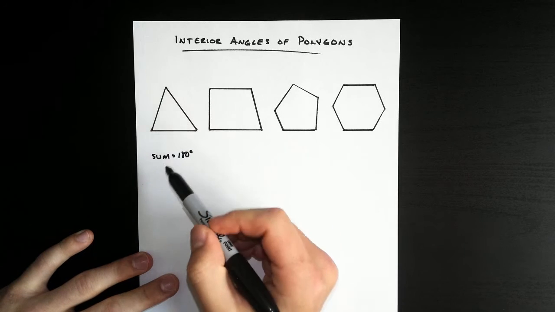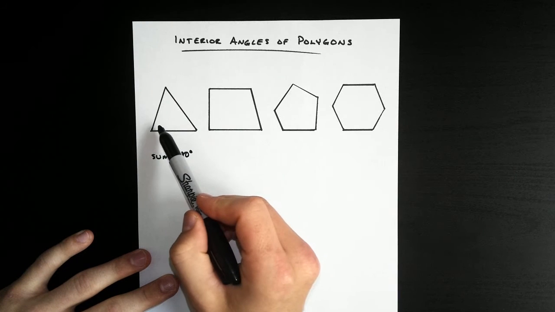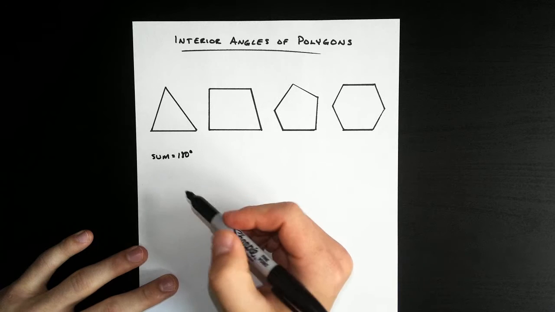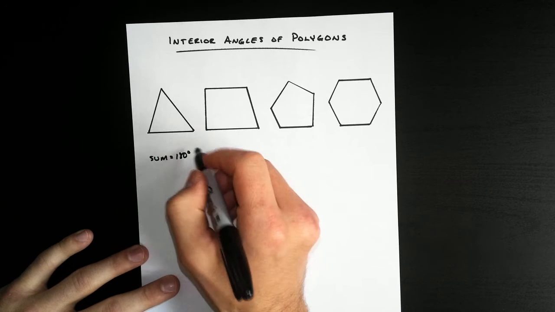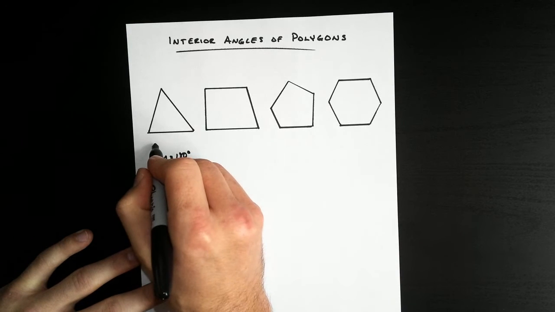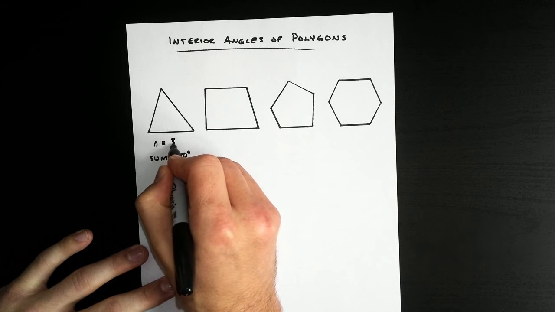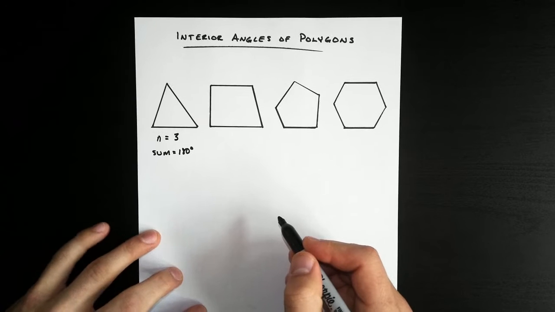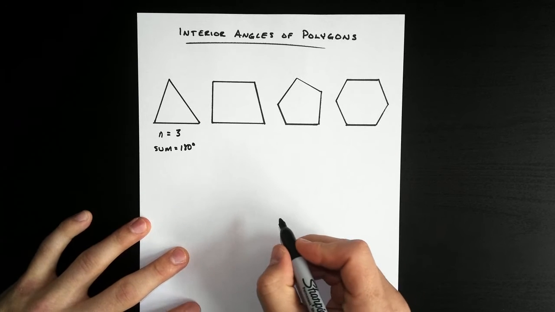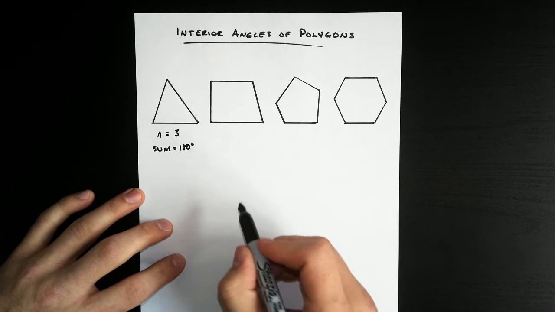So the triangle sum theorem tells us that no matter the triangle, if we add up the interior angles, we get 180. So I'm going to use n to represent the number of sides. So when we have 3 sides, the sum is 180.